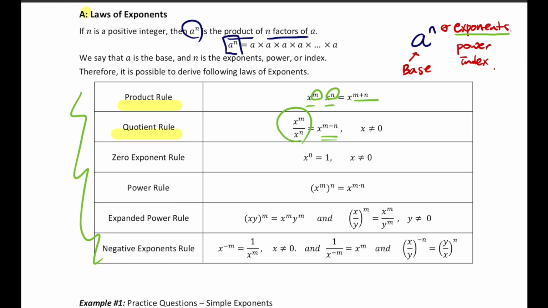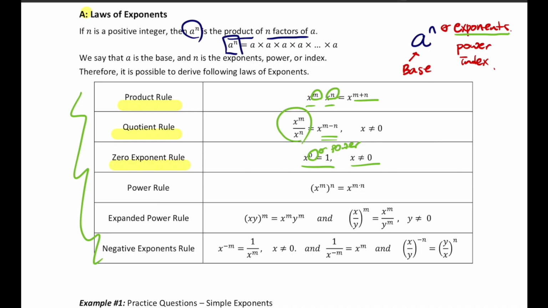The zero exponent rule means if we have 0 as our power or exponent, it always equals 1 regardless of what number you have as a base. However, you cannot have 0 as the base.